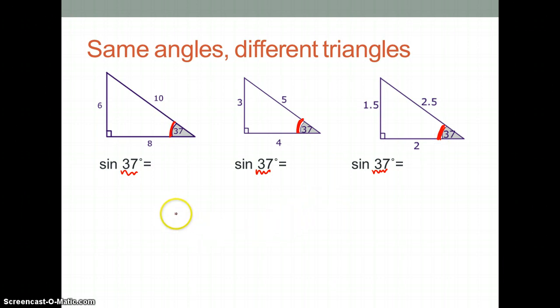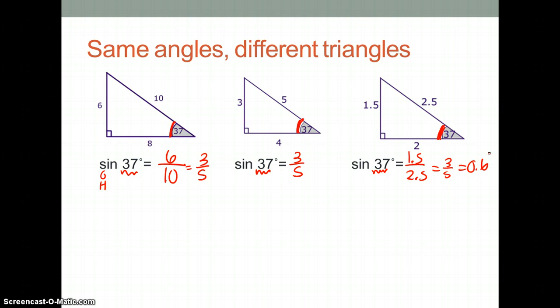We take the sine of each of these triangles. The first is opposite over hypotenuse, 6 over 10, which reduces to 3/5. The second triangle, sine of 37, opposite over hypotenuse, 3 over 5. The third triangle, 37 degrees, 1.5 over 2.5, which is the same as 3/5 or 0.6.